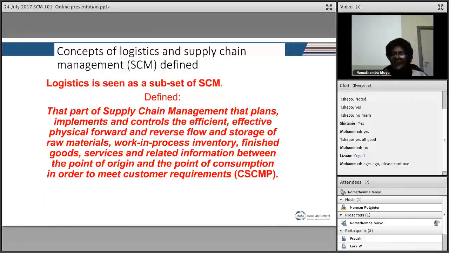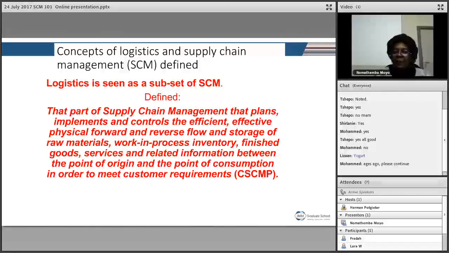Then, coming again to logistics, you have this question there, 1.2. This one, I said before, is seen as a subset, meaning it's a part of supply chain. So supply chain has included in it logistics.